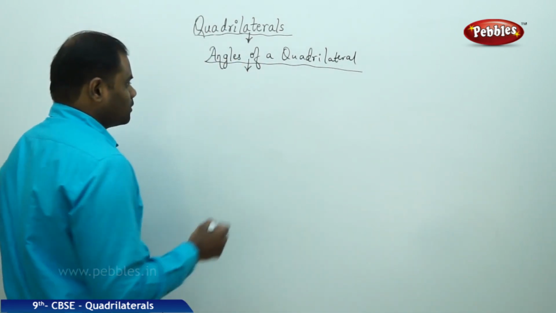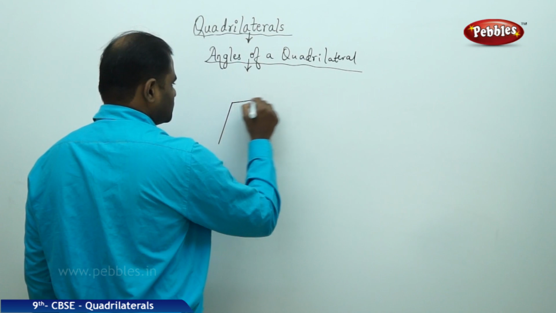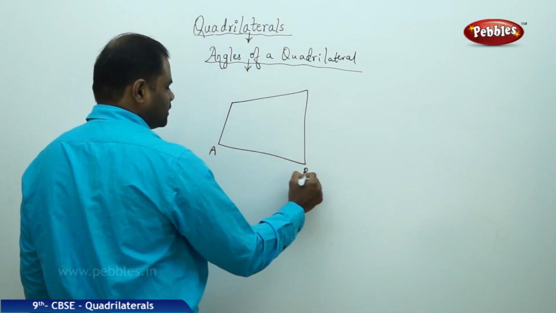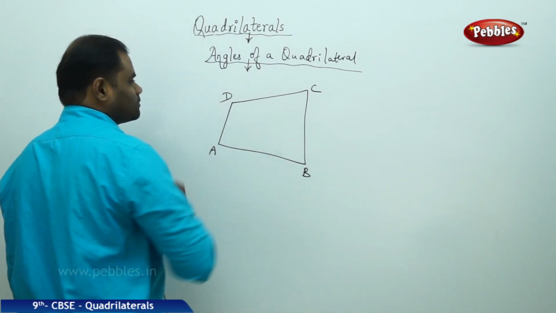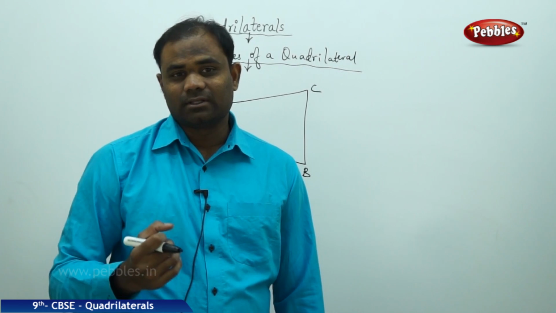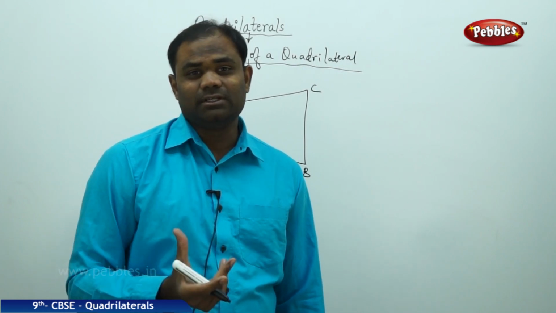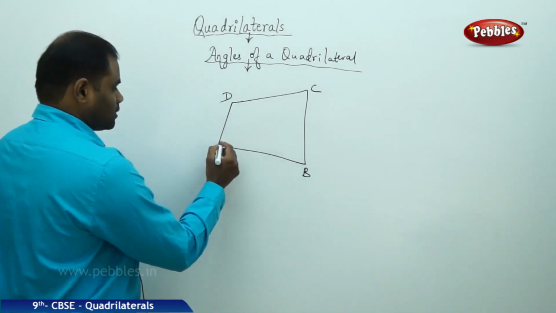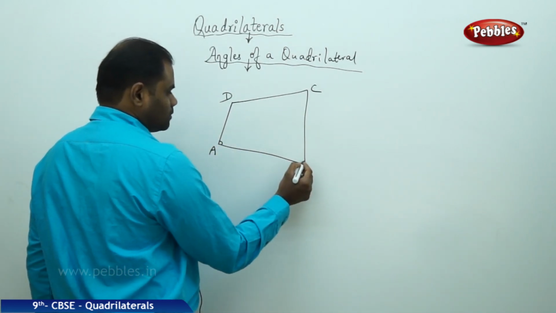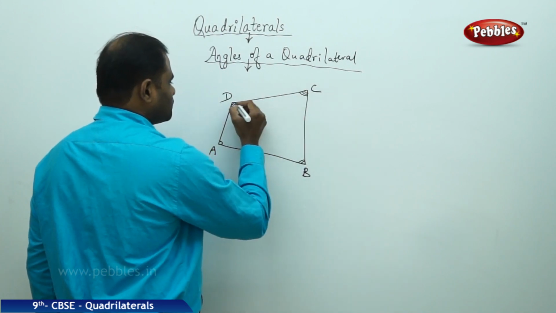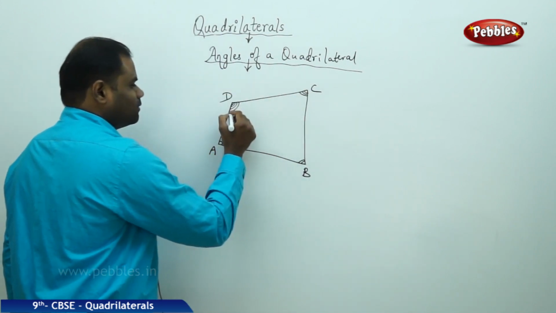Let's take a quadrilateral ABCD. Clearly, in the previous session, we have discussed that for a quadrilateral ABCD, there are four angles which are possible: angle 1, angle 2, angle 3 and angle 4.